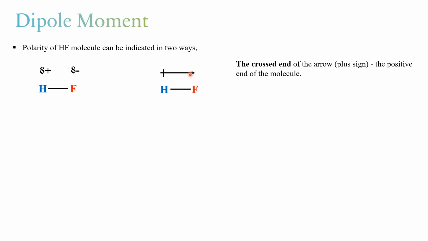The crossed end of this arrow is the positive end of the molecule. The head of the arrow indicates the shift in electron density towards the fluorine atom. Electrons in this covalent bond shift towards fluorine, as indicated by the head. Those are two different ways we can indicate the polarity, or the charge separation, or unequal distribution of the electrons.